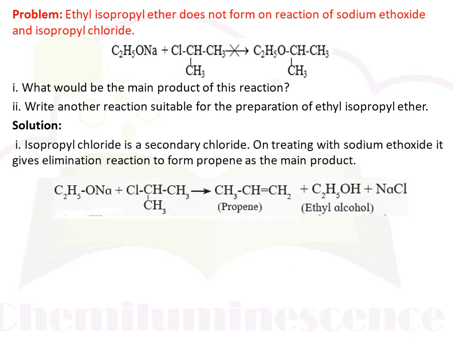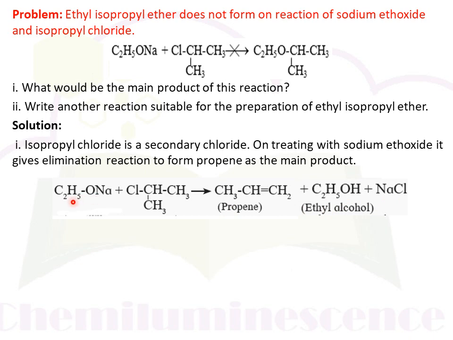Why will alkene be formed as the main product? Because sodium ethoxide acts as a base and abstracts a beta proton from this isopropyl chloride and forms propene as a product, while ethyl alcohol is another product and sodium chloride a side product.